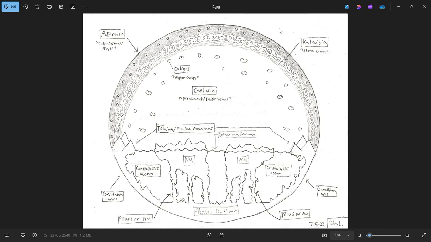Think of time periods like the Cretaceous and the Eocene, two of the hottest times within Earth's history, for example. But it didn't just affect the climate down on the surface.